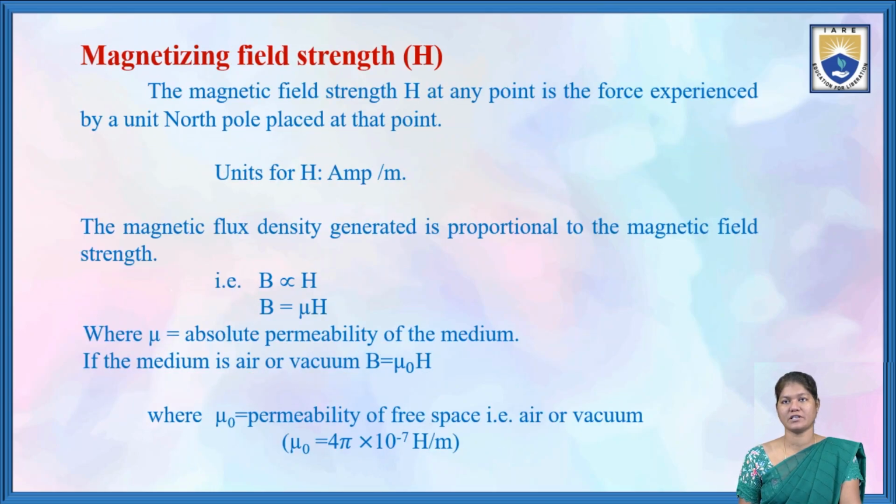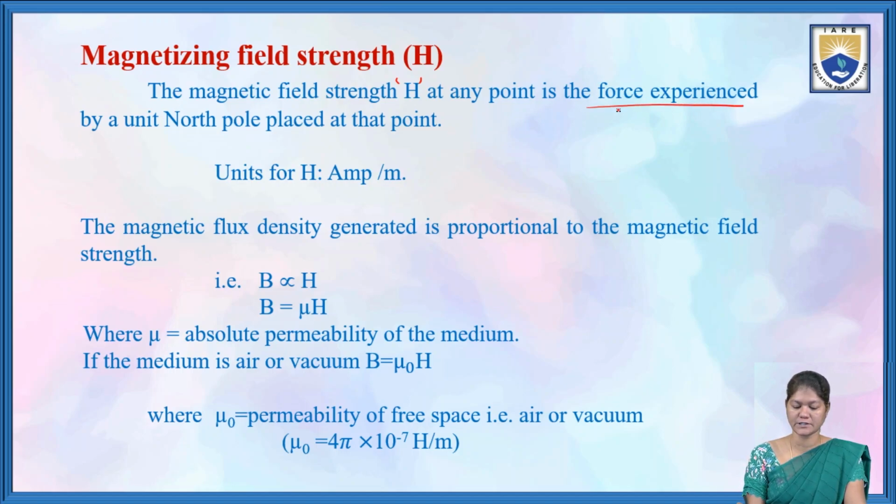Magnetizing field strength, capital H. The magnetic field strength H at any point is the force experienced by a unit north pole placed at that point.